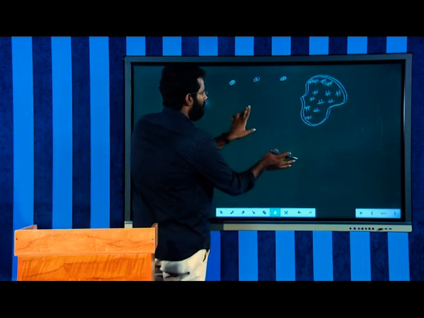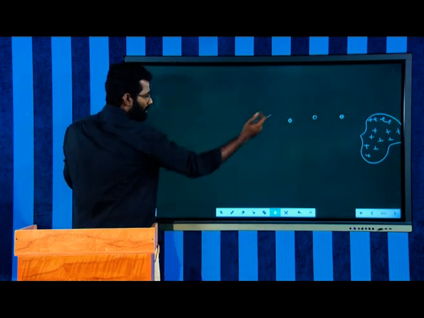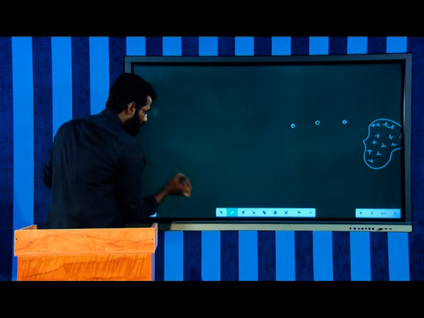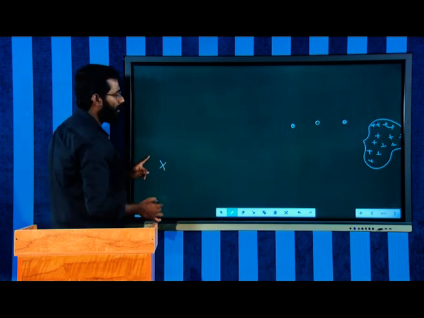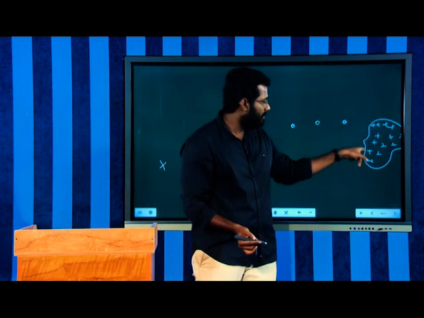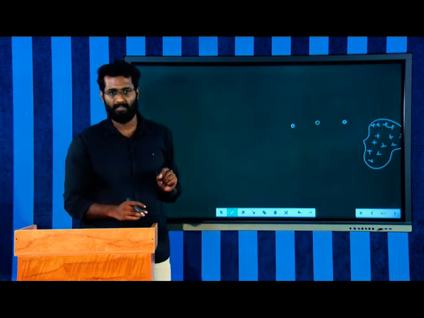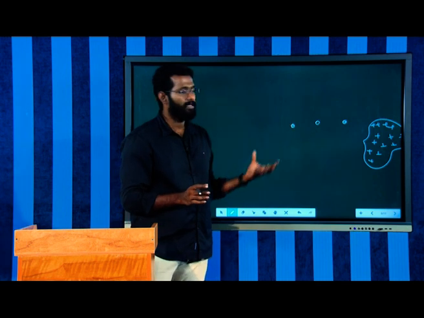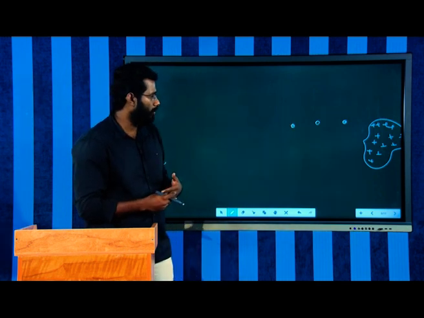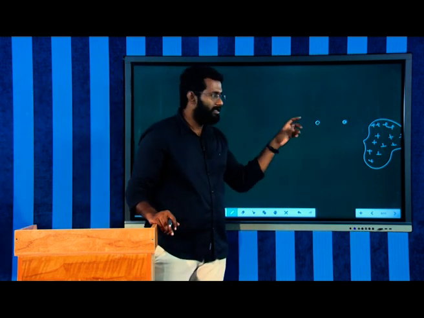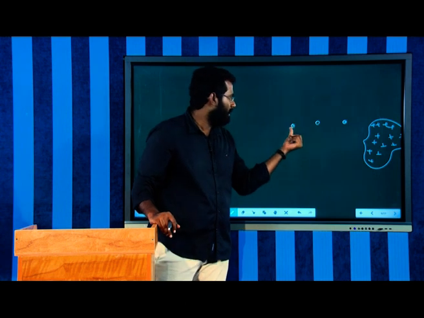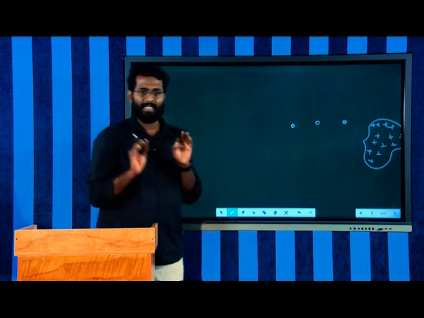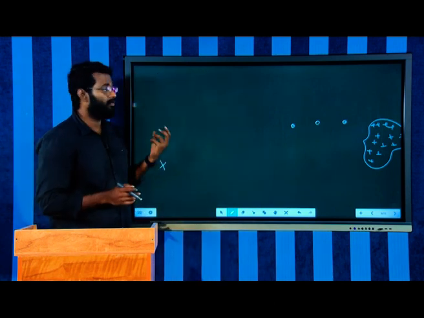For example, if you are looking from this point, you can consider this distribution of charge as a point charge. That is the importance of point charges. You can use this equation as well as the coming equation, but you can assume a distribution as a point charge only if you are looking from far away.